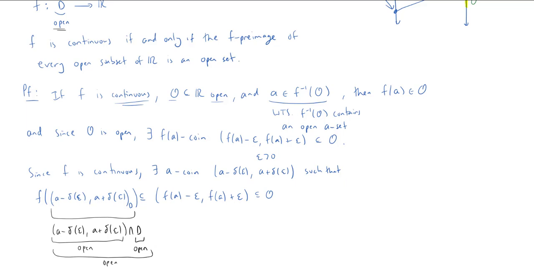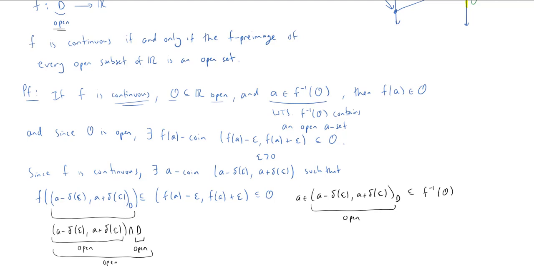Right? But what does that mean? That means that this set, which is in the preimage of O, okay? So this a minus delta of epsilon, a plus delta of epsilon, intersected with D, right? When I apply f to it, I end up in O. So this is contained in the preimage of O. And a is an element of this set, and it is an open set.